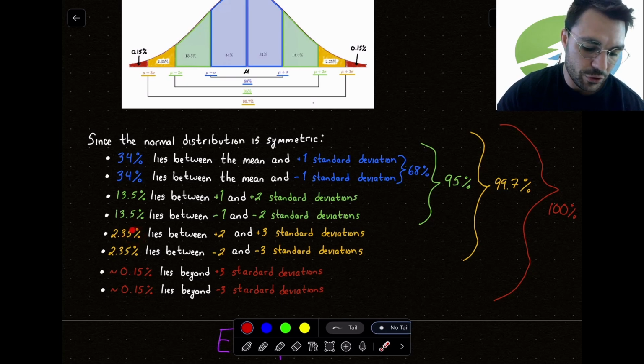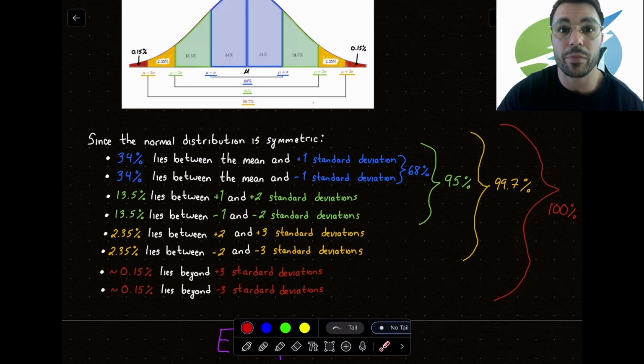Continuing forward, 2.35% of the data lies between +2 and +3 standard deviations. 2.35% of the data lies between -2 and -3 standard deviations. All of this added up accounts for 99.7% of the data. And lastly, roughly 0.15% of the data lies beyond +3 standard deviations, and roughly 0.15% of the data lies beyond -3 standard deviations.